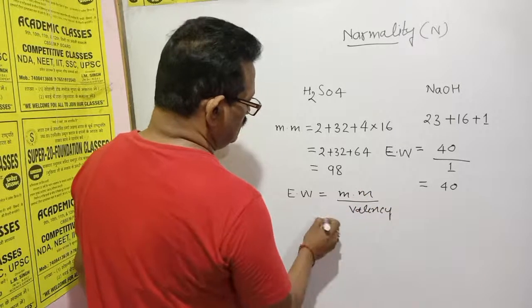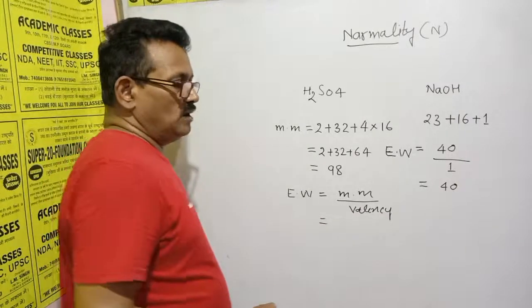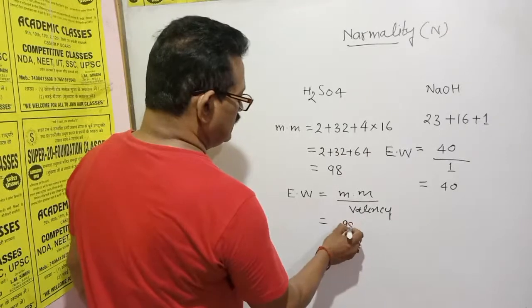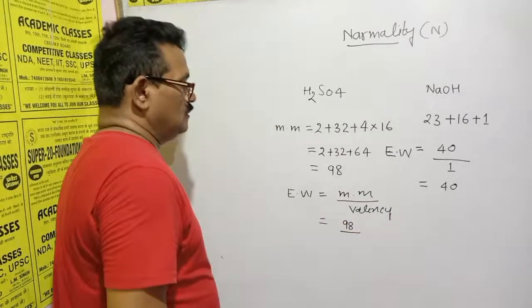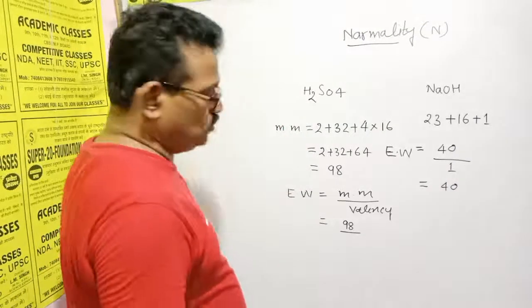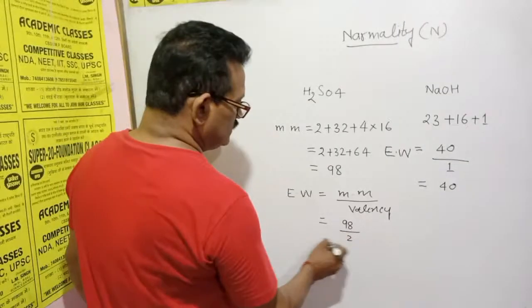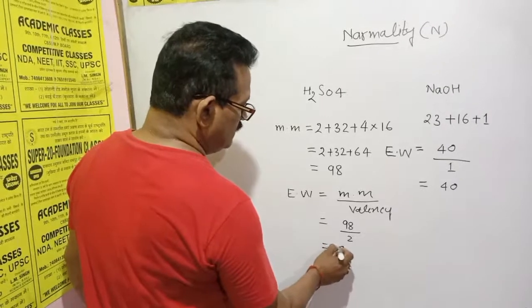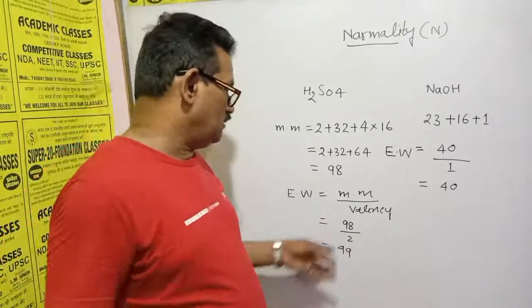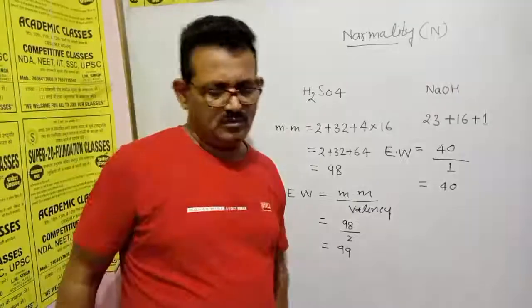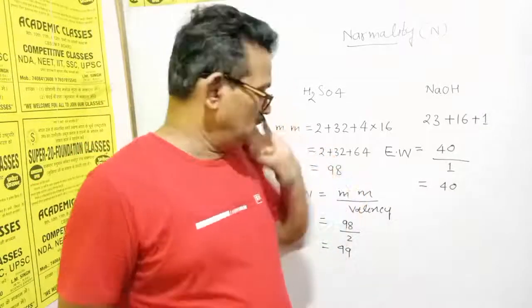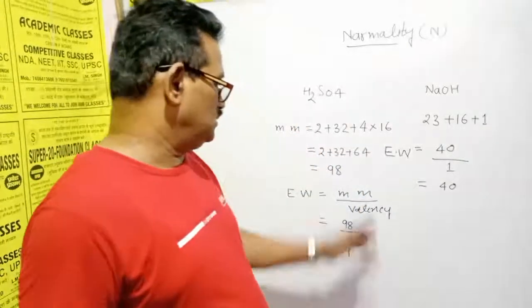The molar mass is 98, and the valency of the two hydrogen atoms is 2, so we get 49. 49 is the equivalent weight of sulfuric acid.